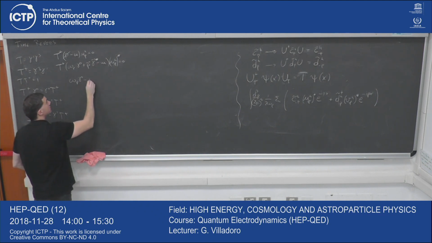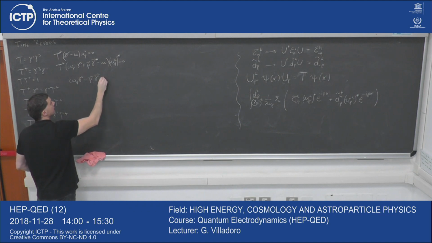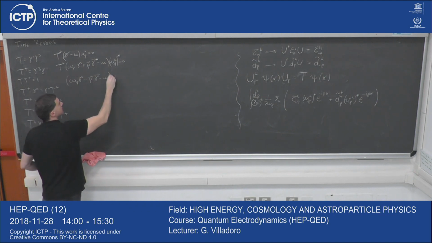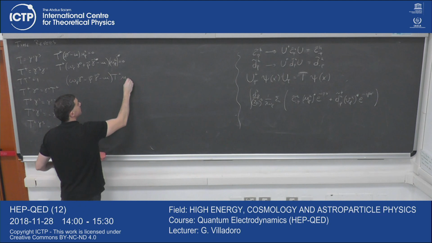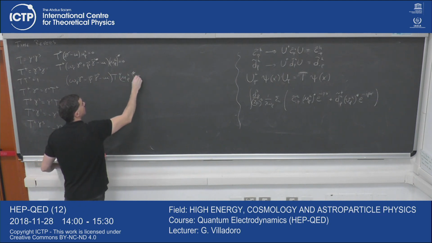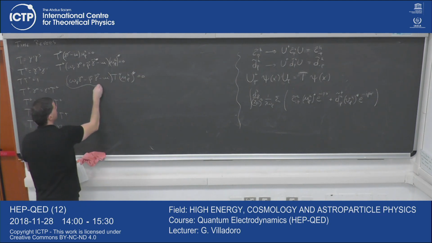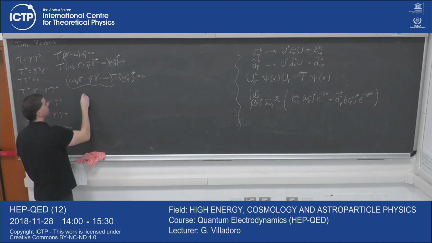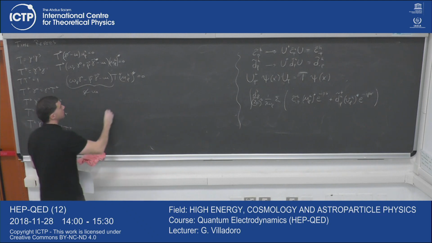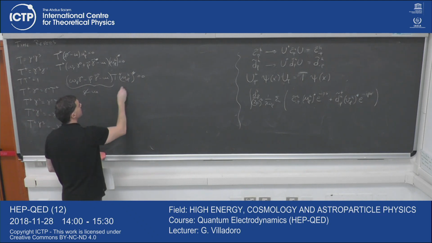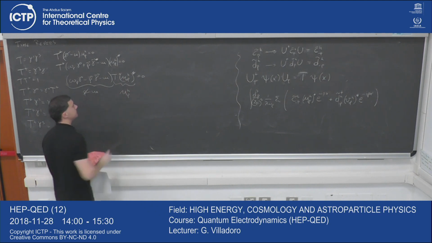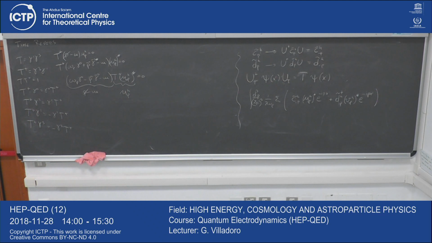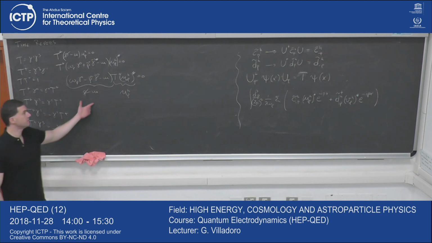So at the end you get minus p gamma minus m, T dagger u p h star equal to 0. And this was our initial equation, p slash minus m, which means, sorry, this is minus p, which means that this combination is nothing less than u p h, because the solution to this equation is p slash minus m.